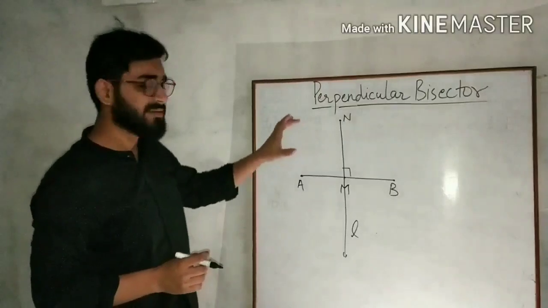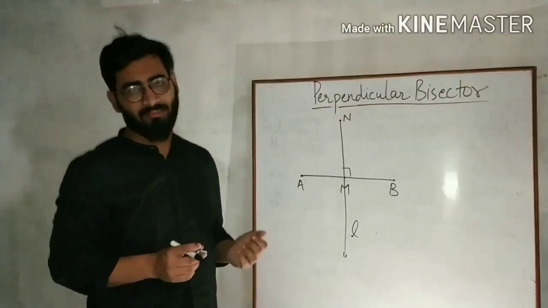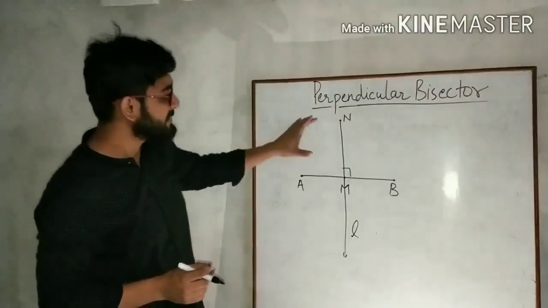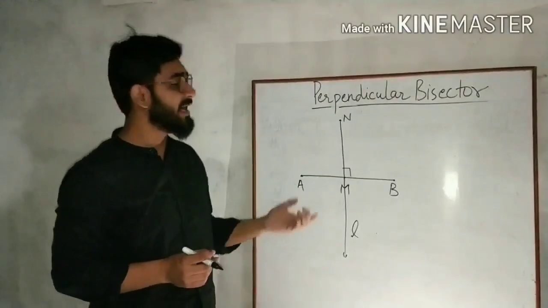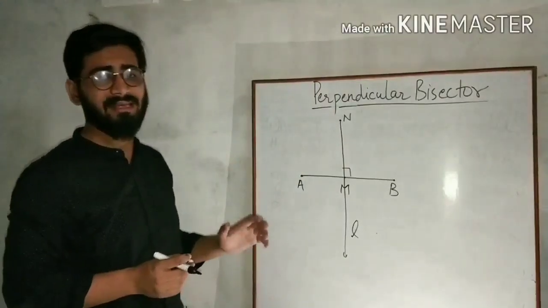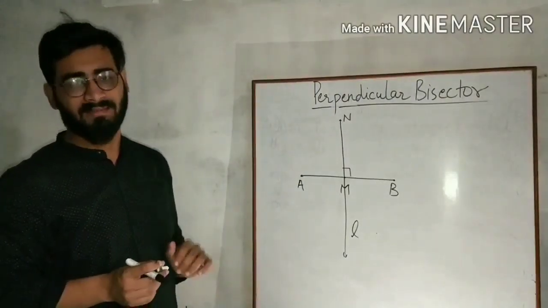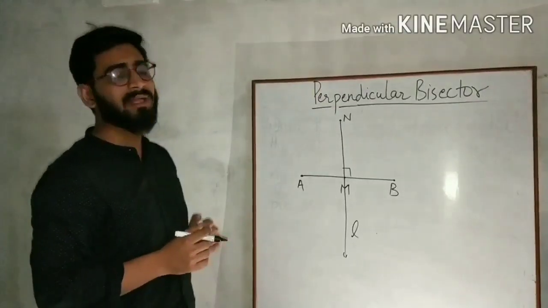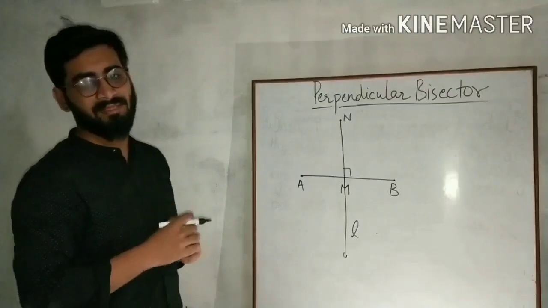Yes, MN is dividing AB into two equal parts. So we can say that MN is perpendicular to AB and MN is also bisecting AB, so MN is the perpendicular bisector of AB.